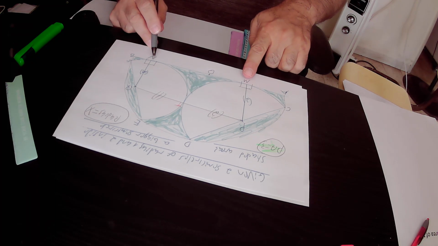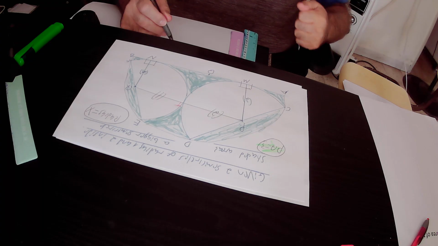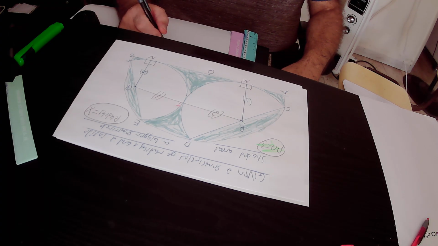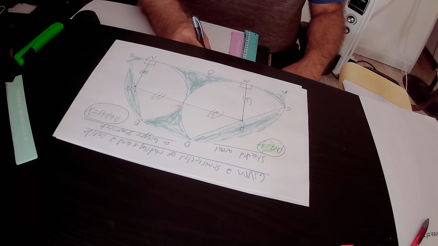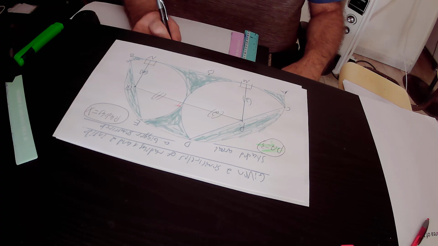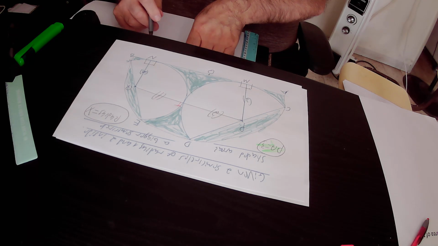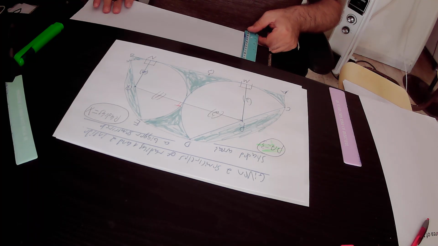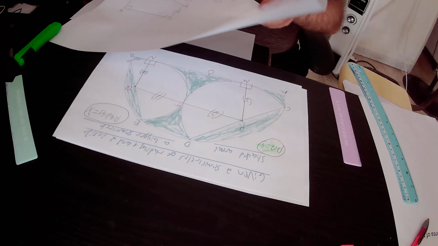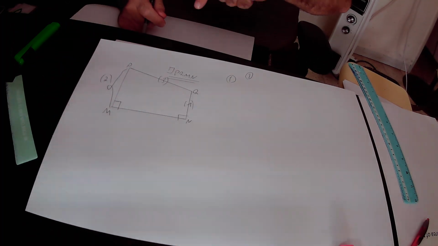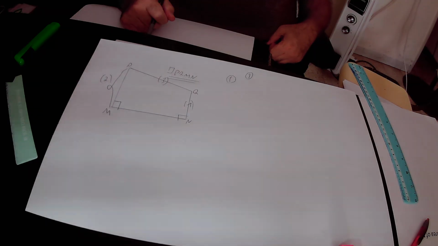Those two angles are both right angles according to rule 1, of course. So actually, this is quadrilateral PQMN that I covered from the original drawing.